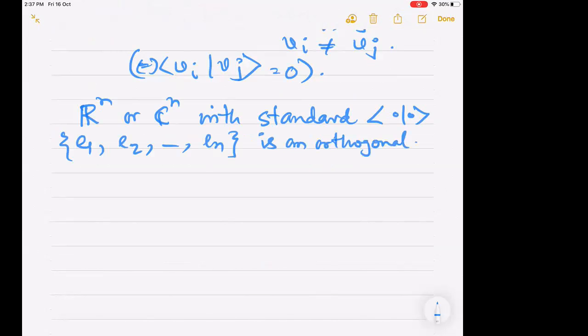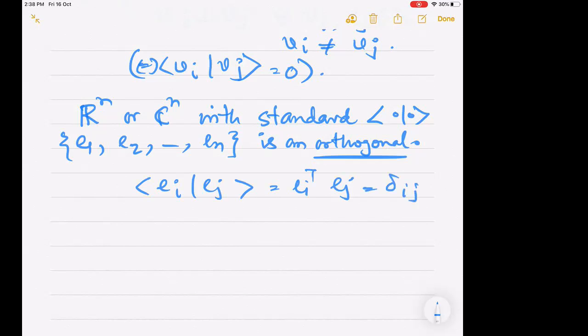In fact, this is also what is known as an orthonormal set because each vector has length 1 also. This is true because Ei, Ej is Ei transpose Ej, which is the delta Ij function, so it's 0 for all i not equal to j. So it's an orthogonal set.